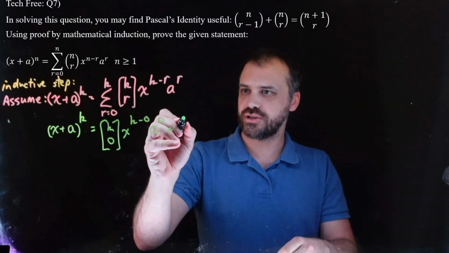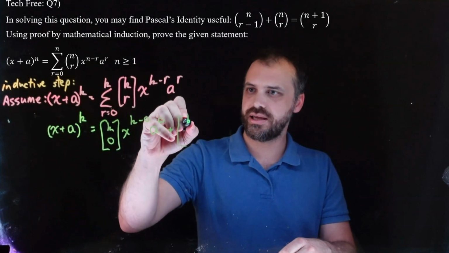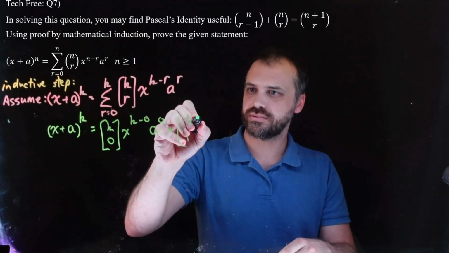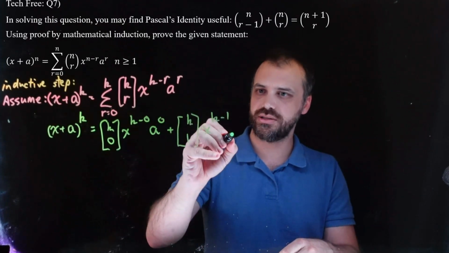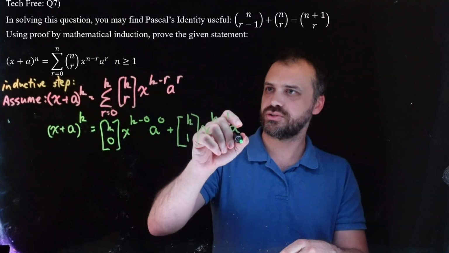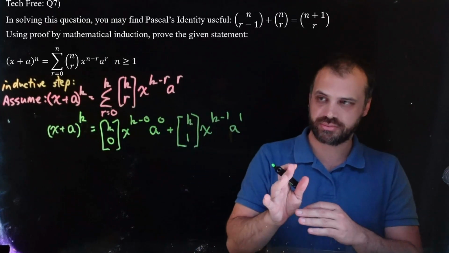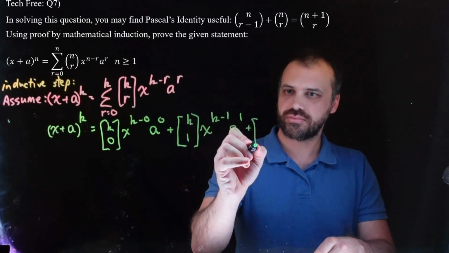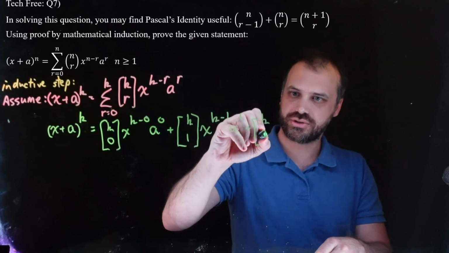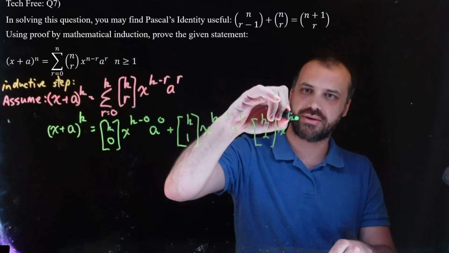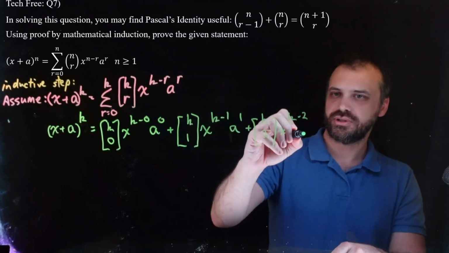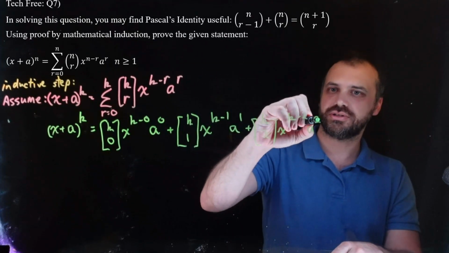My next term is k choose 1, x to the k minus 1, a to the 1. That's my next term. The next term is k choose 2, x to the k minus 2, a to the 2.